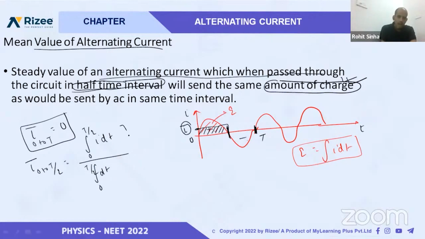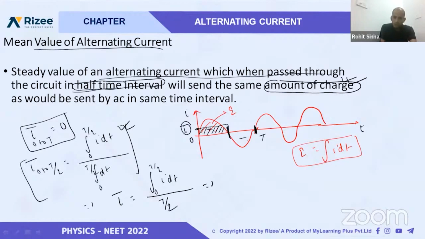This will give the average value of current, and the denominator comes out to be T by 2.